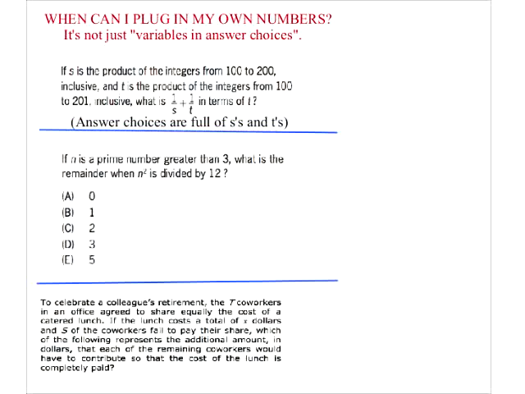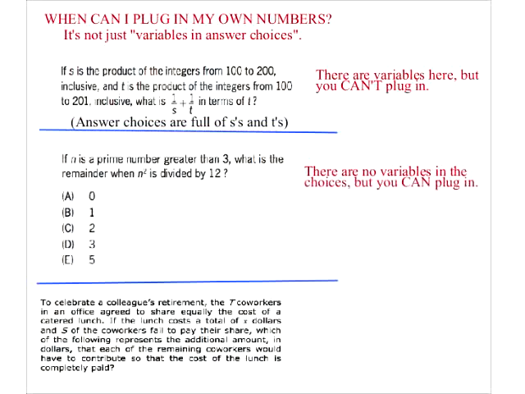Because this has variables, but you can't plug in. Can anybody summarize why not? Yeah, it's because they have a fixed value, right?